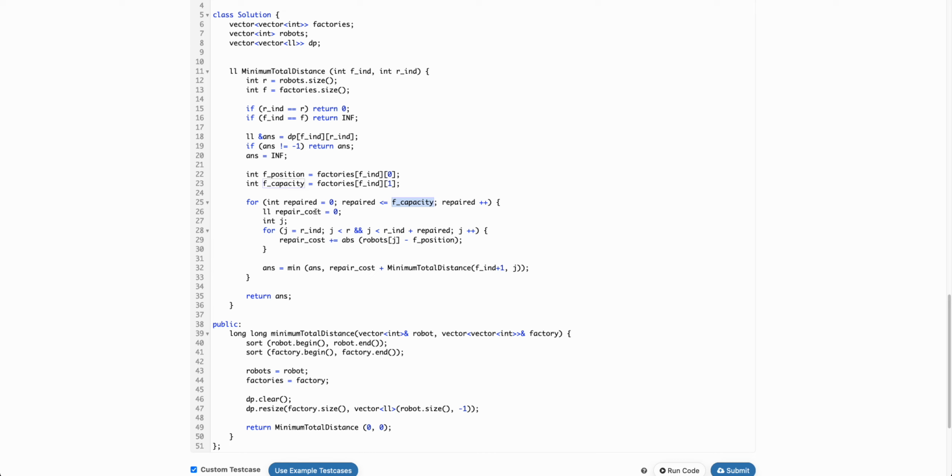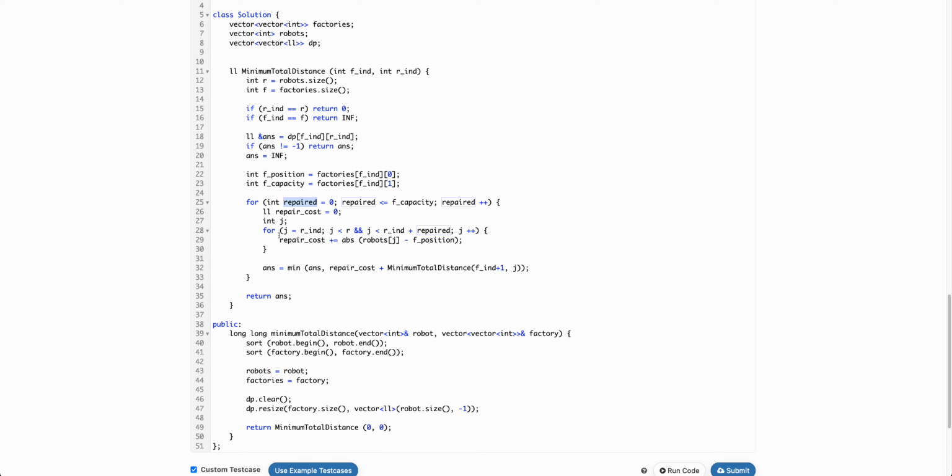Now the repair cost is zero; we'll try to find the repair cost. We will come to that, but let's say we find the repair cost. Once we have the repair cost, we will now try to assign something to the next factory starting from this particular robot. This robot is just the number of robots we have repaired.